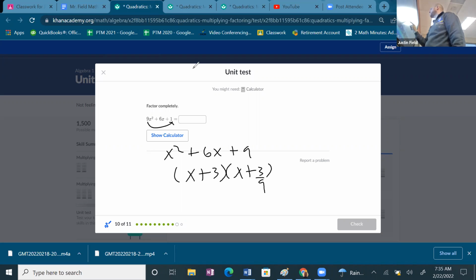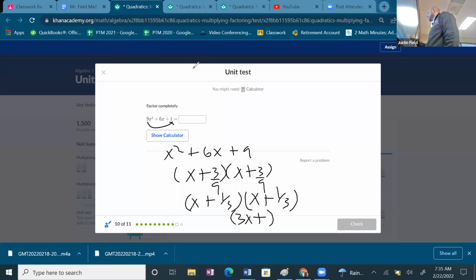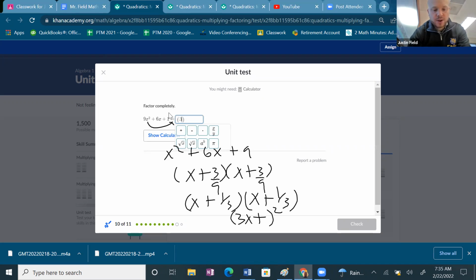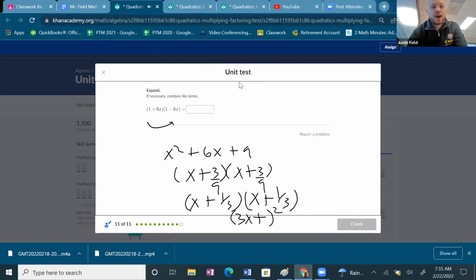So, I mean, that would be 1/3. So then 3x plus 1 squared. Oh, look at that. 3x plus 1 squared. And my last one.